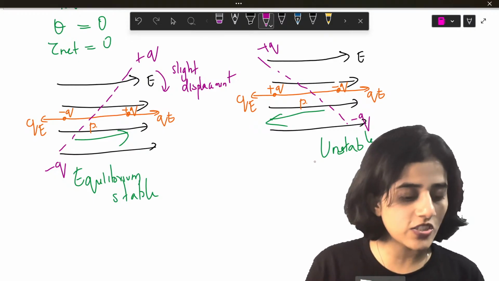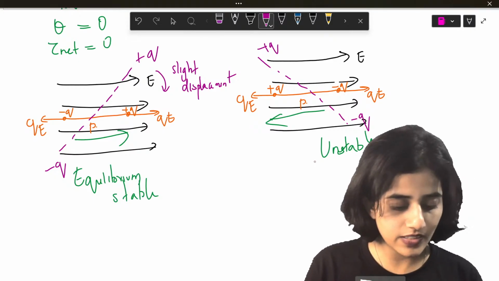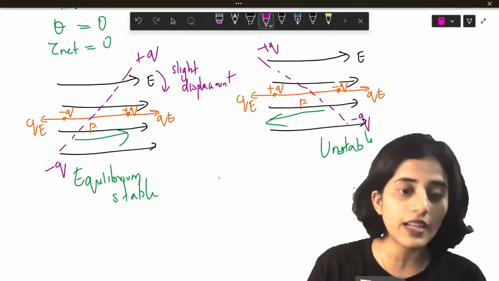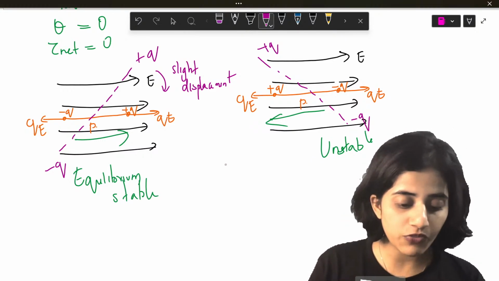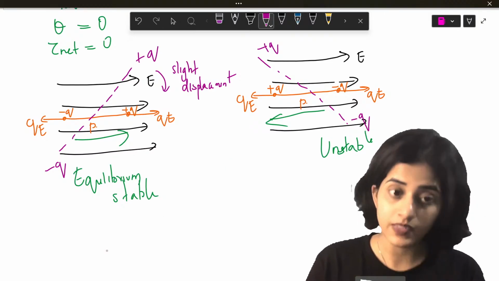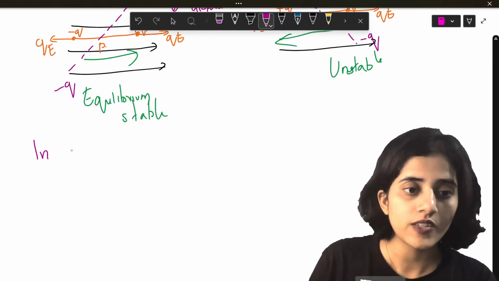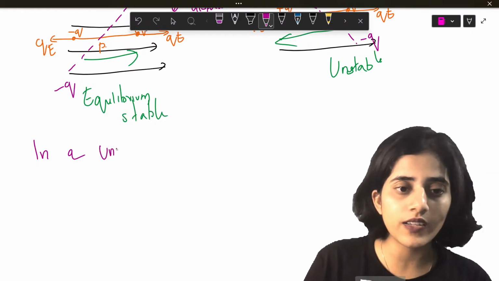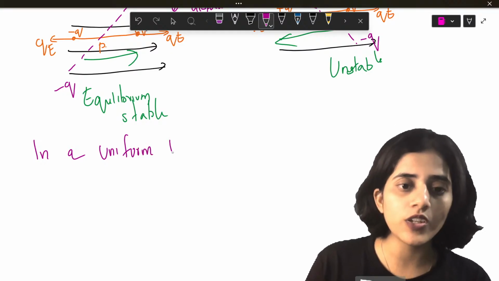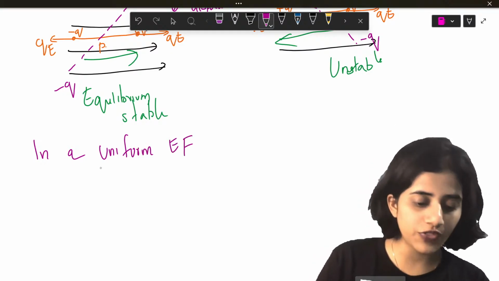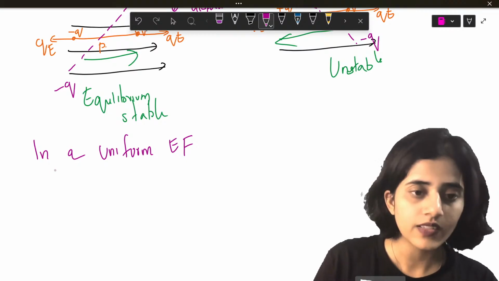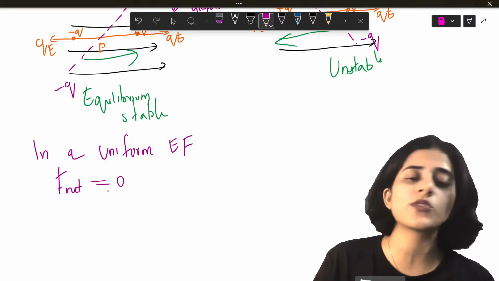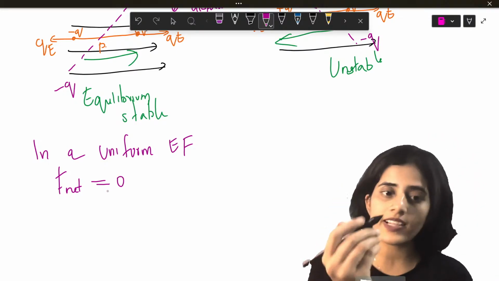So now let's look at a question related to this. Is this much clear to all of you? This is all if it's a uniform electric field. So in a uniform electric field, the net force is always equal to 0, because it always aligns.